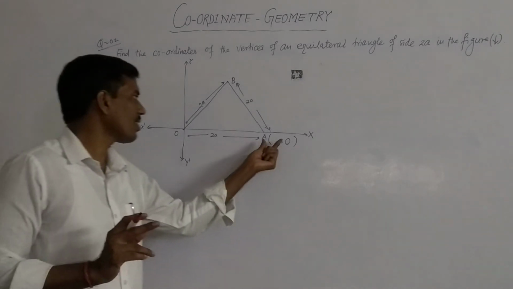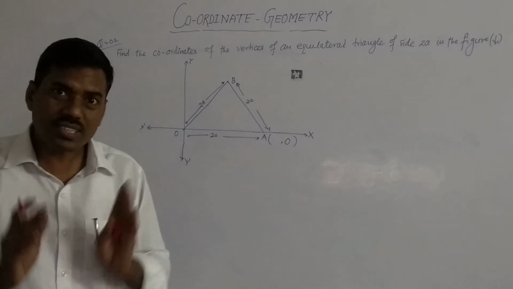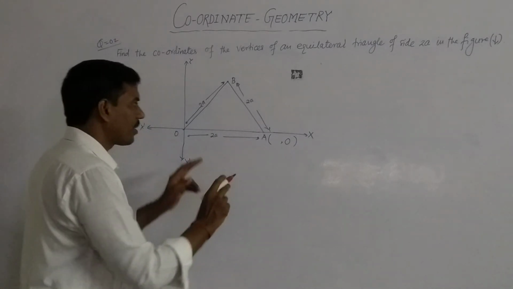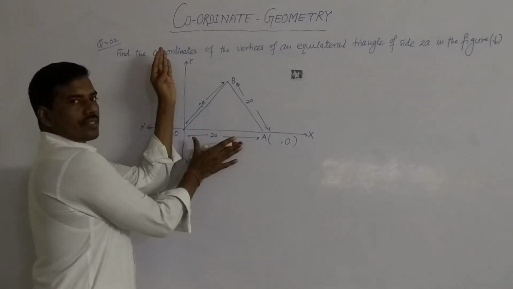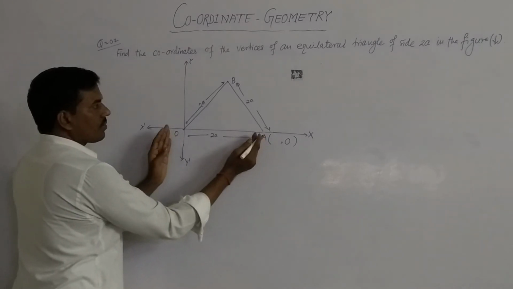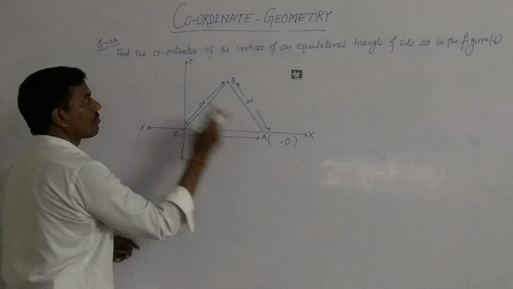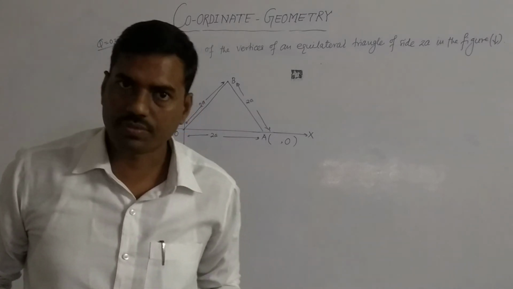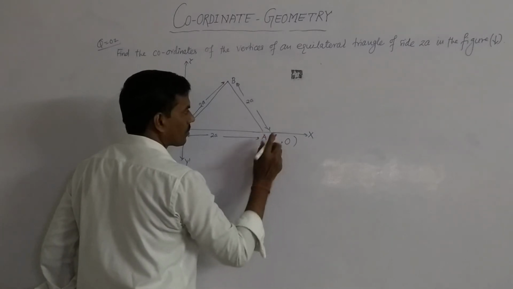We know that the x coordinate is the distance of point A from the y-axis, and we can see that point A is at a distance of 2a from the y-axis. So 2a is the x coordinate.